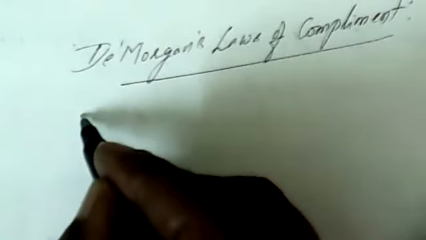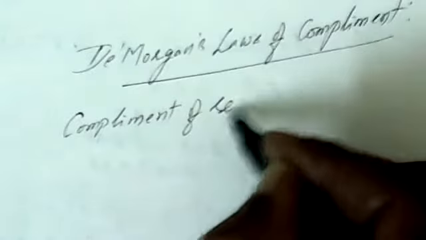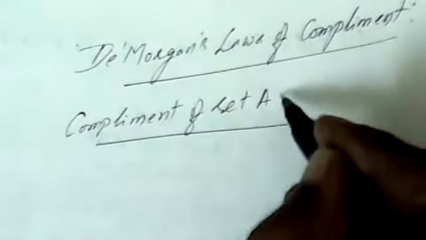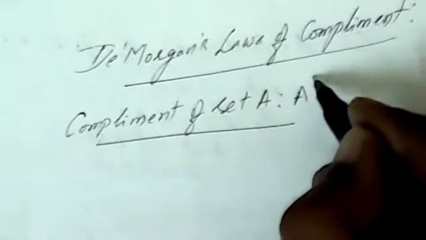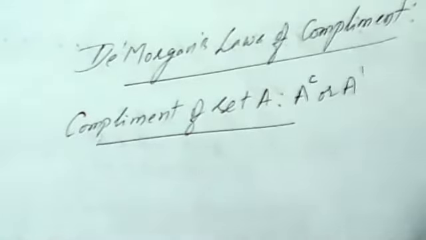Okay, so let us see what is the complement of a set first. Complement of set A, suppose we say, is denoted by A dash or A prime.